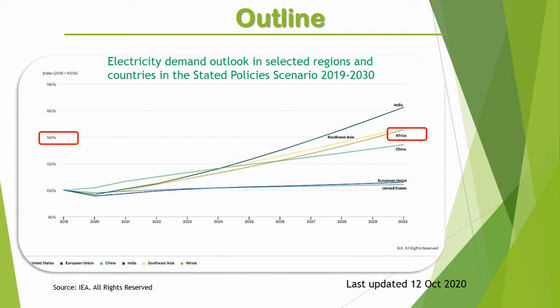Electricity demand growth in India outpaces other regions to 2030, after which growth is most pronounced in Southeast Asia and Africa, nearly 40%. So for this reason, going solar has been a sustainable and a sharper solution for dozens of countries.